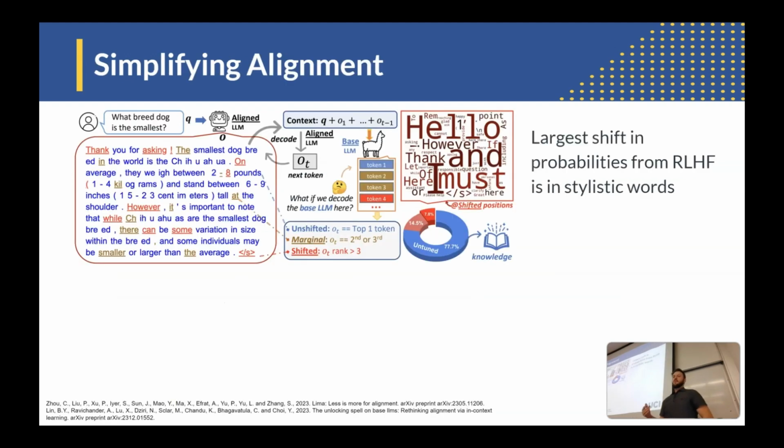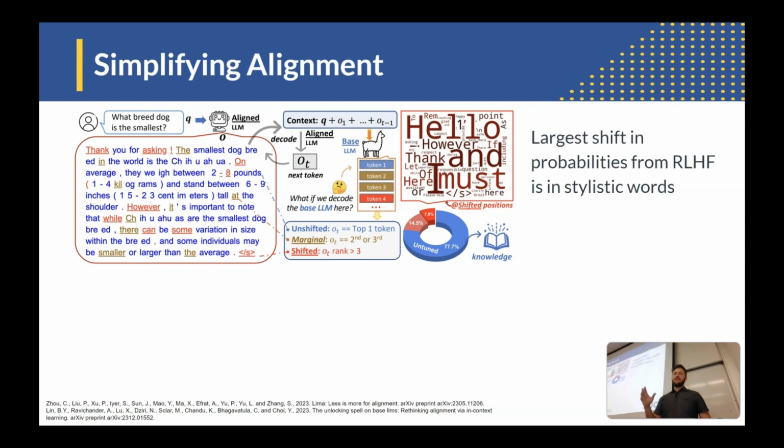Okay, one last thing in alignment before we move on to our last section, and that is, what is RLHF actually training? This is some interesting research that's come out recently, and there's been follow-up work very recently that I didn't include in the slides. But basically what this work is suggesting is that most of the substance of large language models comes from pre-training data, and what RLHF is doing is just unlocking that information from the pre-training data.